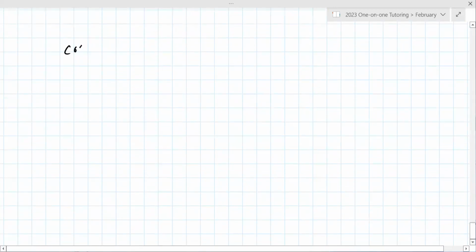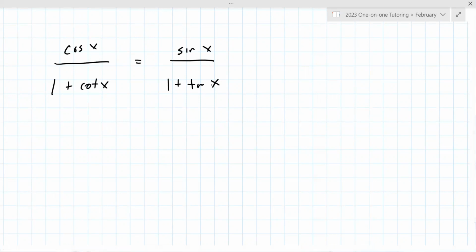So we got cosine x over 1 plus cotangent x equals sine x over 1 plus tangent x. It's the best I can come up with. These are hard to make up. But if you want to try this one, you can.